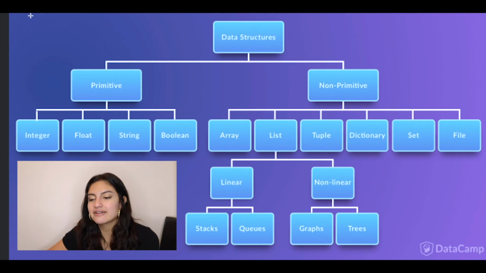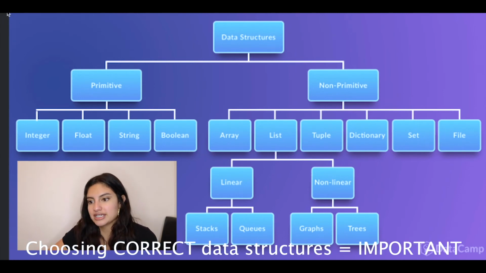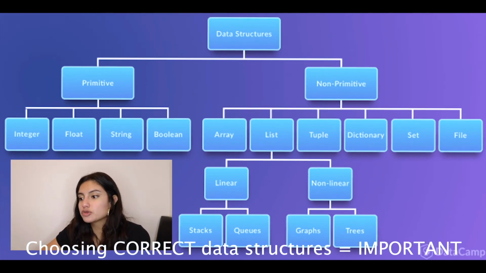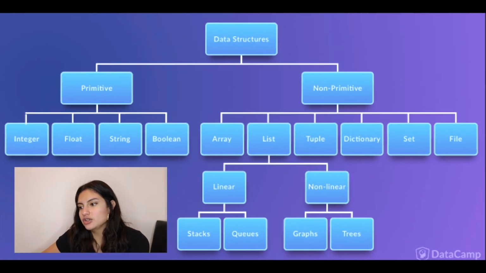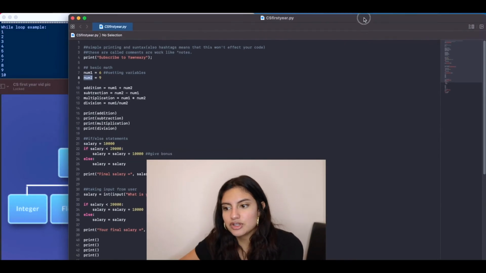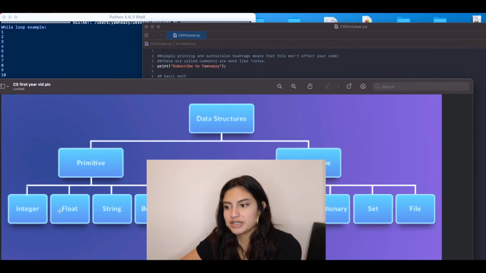So I got this from the internet. Our data structures, they really emphasize that choosing data structures is a big deal. So this will be something that you'll always have to deal with. You have these in Python. You have your data structures, and then you have what are called primitive types, and these are integer, float, string, boolean. So those variables that I was talking about, for example, num2 is going to be type integer because it's an integer.